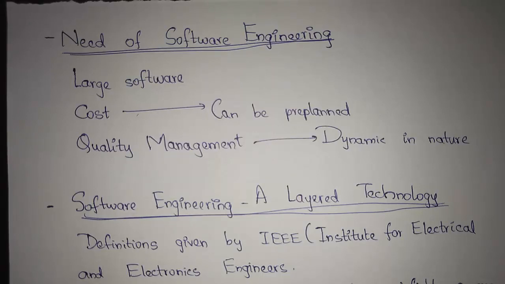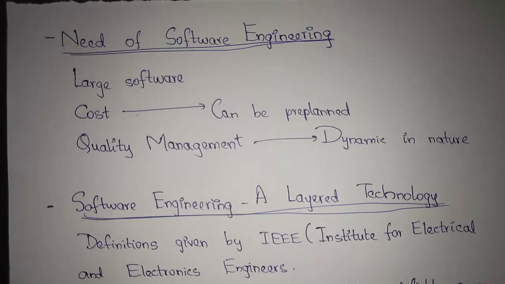We need to follow the steps in order and involve quality maintenance in each and every step, so the final delivered product is very good. Quality management is dynamic in nature, because if the nature of software is always changing, new enhancements need to be made to the existing ones. This is where software engineering plays a major role.